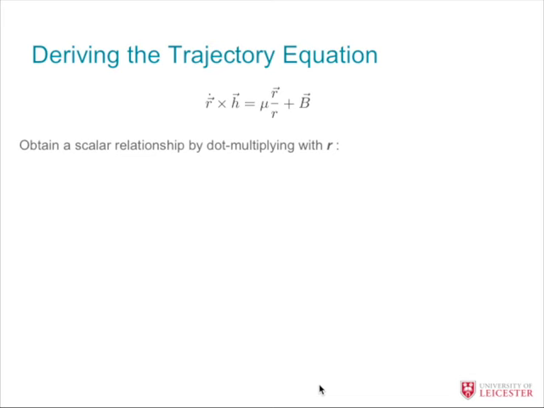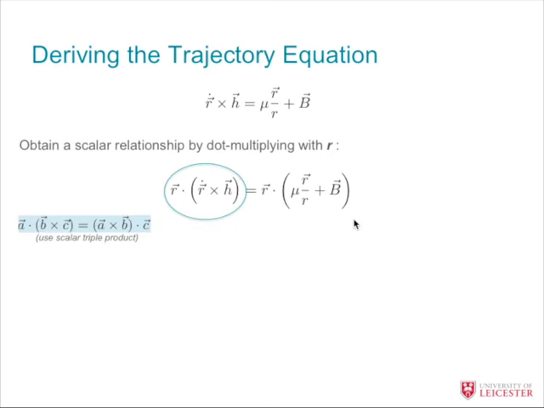If I take the dot product of that expression with r, I'll get a scalar relationship. So I take the scalar product of this expression with r, and I end up with these two simple terms. Once again, I can use a vector identity.